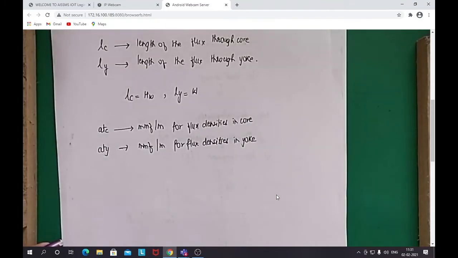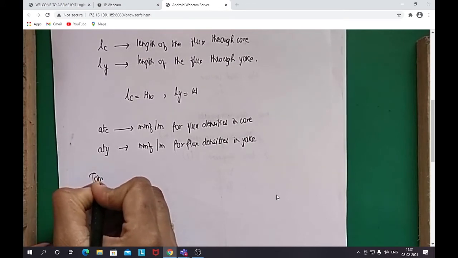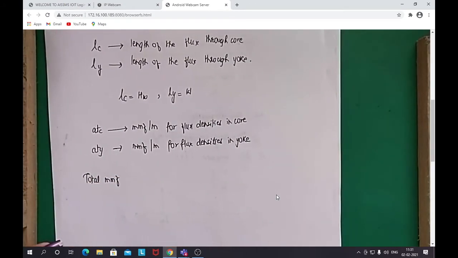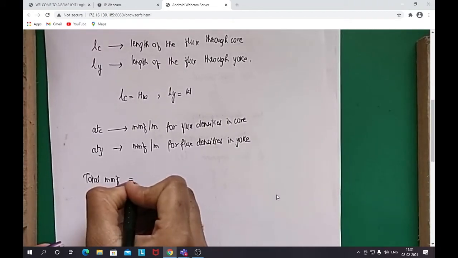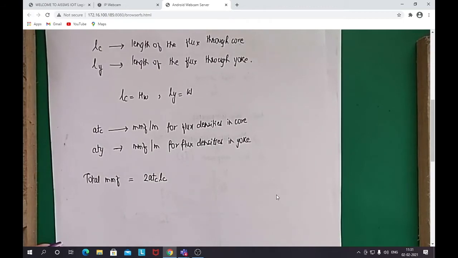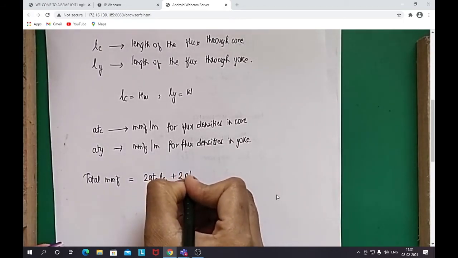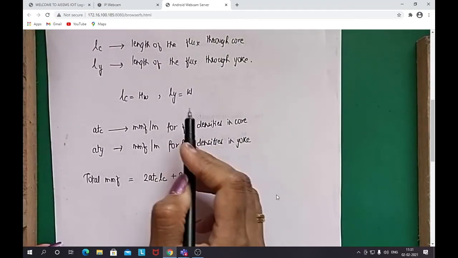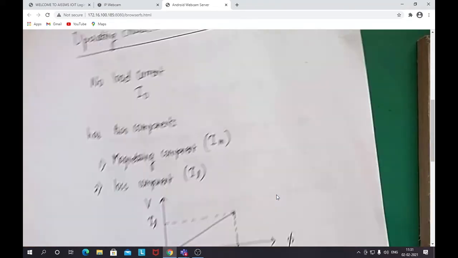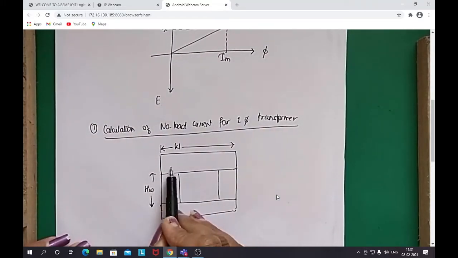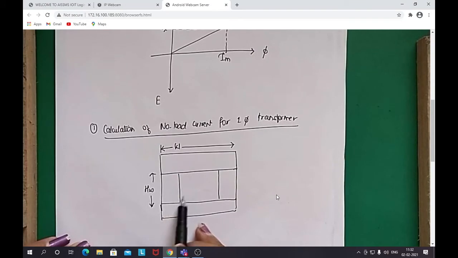So now we have to calculate the total MMF. The total MMF for a single phase transformer comes out to be twice ATC LC plus twice ATY LY, because if you refer to this figure, we have two yoke sections and two core sections.